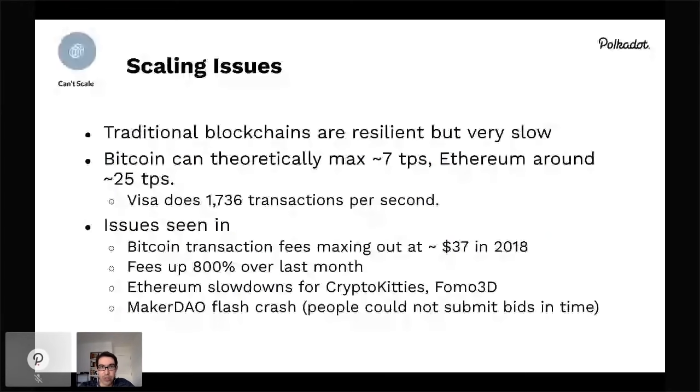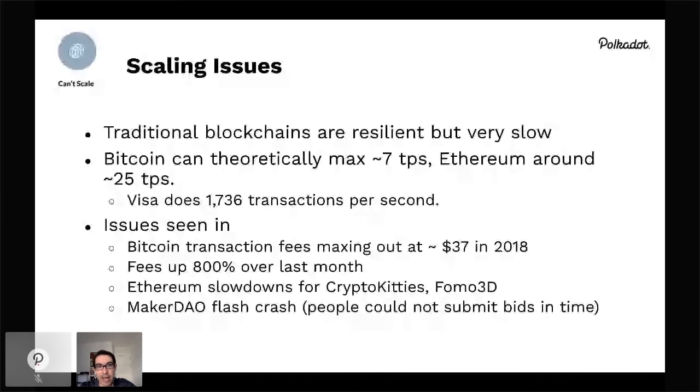And scaling issues. Remember I said traditional blockchains are very resilient, but also very slow. It's very hard to stop them, but they're like tortoises, right? They're armored, but they're not very fast. Bitcoin's theoretical max is about 7 transactions per second, but in reality, it's more like 3 or 4.